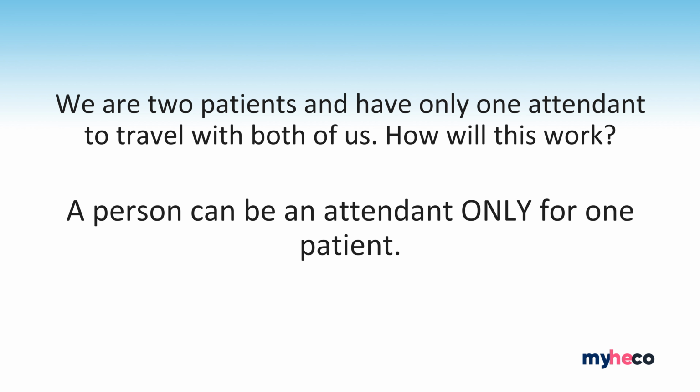So the person's visa will actually state that this person is an attendant for patient X. I'm not sure about the exact words, but in effect, that would be the message on the visa. So it is not practical for one person to be an attendant for two patients. In this case, the second patient will have to find an attendant to go along with them.